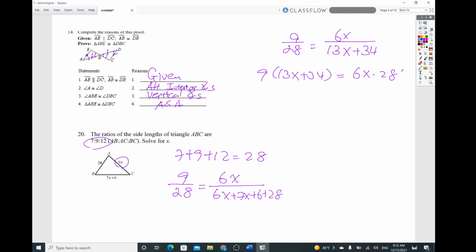So 13x times 9, 117x. 9 times 34, so 4 times 9, 36, 3 times 9, 27, plus 3, 306. 6 times 28, so 8 times 6, 48. 2 times 6, 12, plus 4, 168.